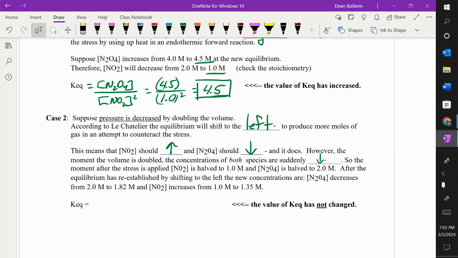All right. And then there's an initial decrease in the concentration of N2O4 to 2. Then the equilibrium shifts. Okay. So it shifts to the left. The NO2 goes from 1 molar up to 1.35, and the N2O4 decreases from 2 to 1.8.